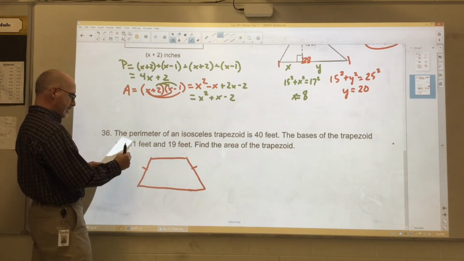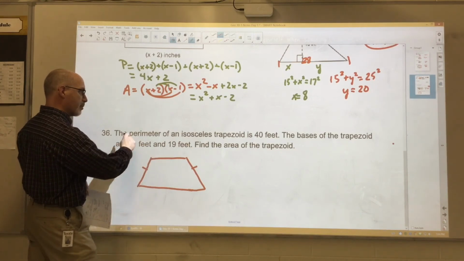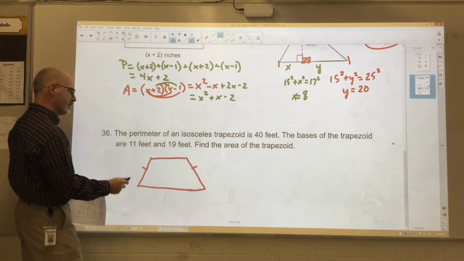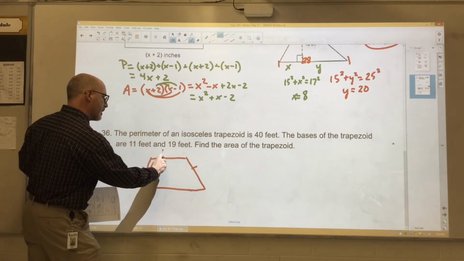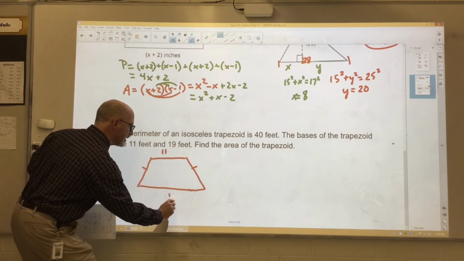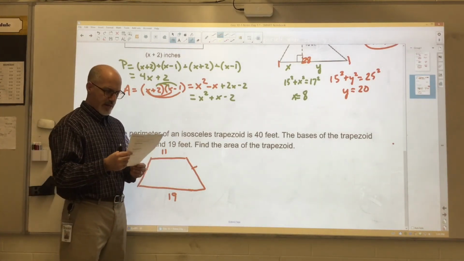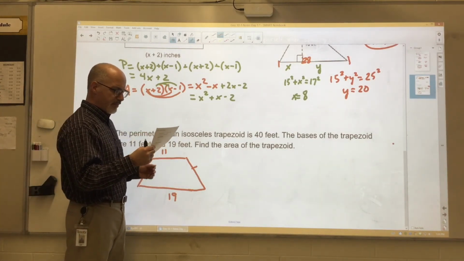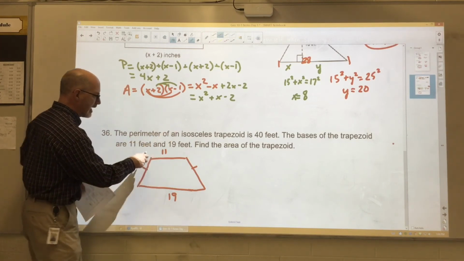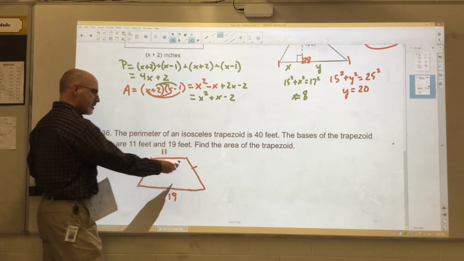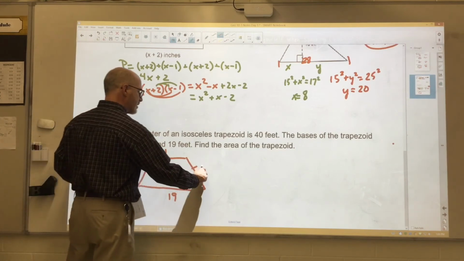And so what I get is that the whole perimeter is 40 feet, but one base is 11 and one is 19. So what we have to do is find out how long those legs are, and that will help us find out what the height is. So if these are the same, I'm going to call each of these x.